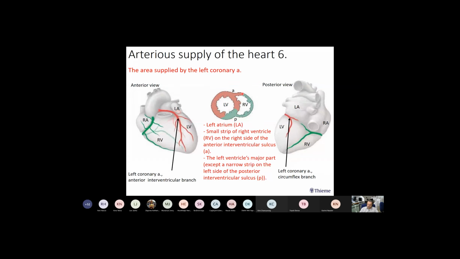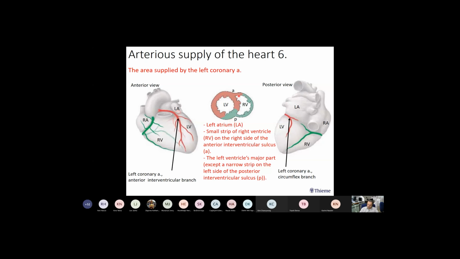So about that size of area which is supplied by left coronary in the right ventricle, on the other way around, is also supplied by the right coronary in the left ventricle. So it's a bit kind of shifted here.